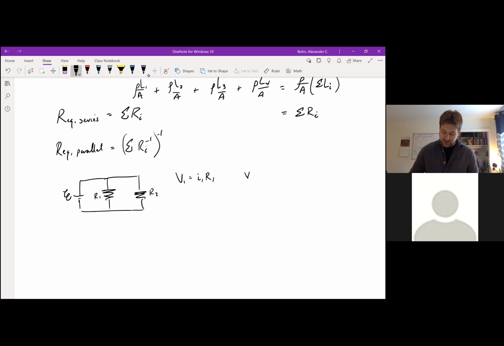And the potential difference across resistor 2, same story. But these two potentials are the same because this point is electrically the same as this point. There's just a wire between them. And compared to the resistors, the wires are negligibly resistive.